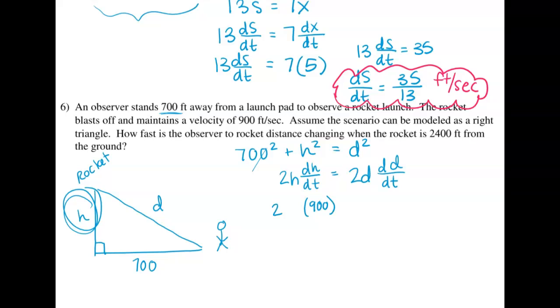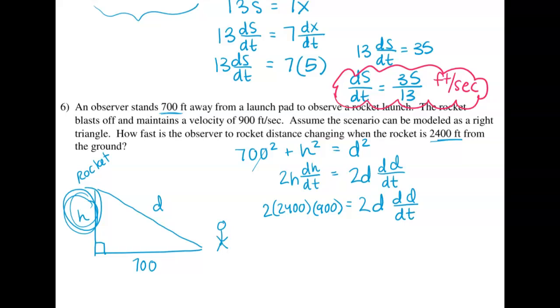2h is actually 2400, okay? Because the height is 2400 feet from the ground. I'm going to write this a little more spread out. So we know we have our 2, our height's going to be 2400, our dh/dt is 900, equals 2d dd/dt.